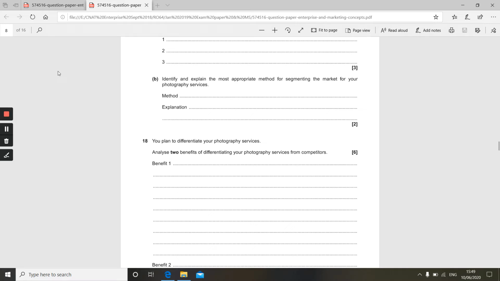And if you remember what the different segmentation methods are, you could segment a market on age, you could segment it on gender, occupation, income, lifestyle, etc. So what you could do here is pick a method. So you may want to do it on age, and then say why you have chosen age. So 1 point for the method, 1 point for the explanation.